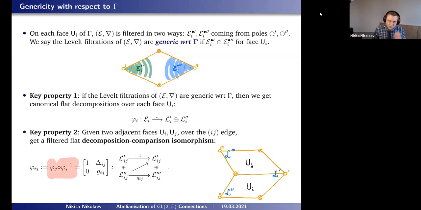And the cool thing is that these filtrations are flat filtrations given by growth rates as I go into the pole. That means if I look at this diamond, one of the line bundles making up the filtration comes from the fact that I parallel transport my flat sections into this pole and look at growth rates.